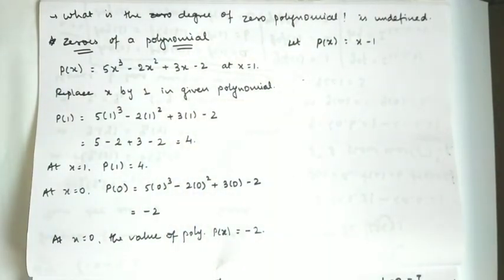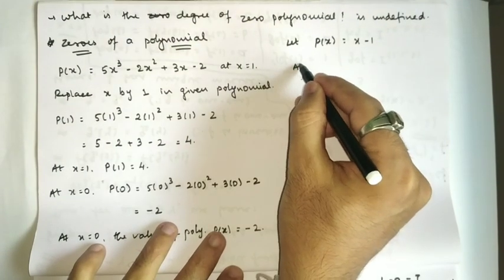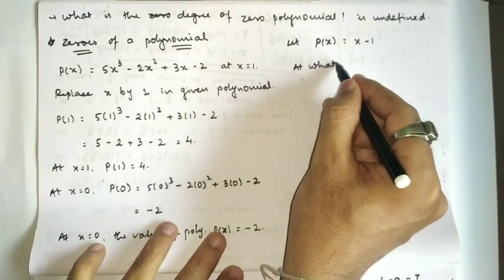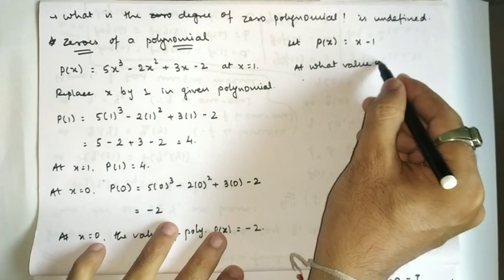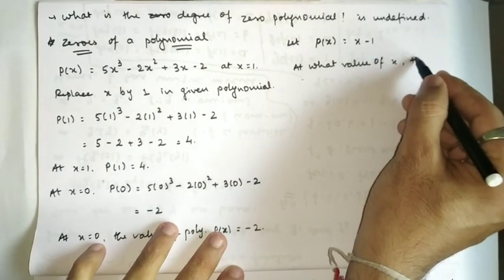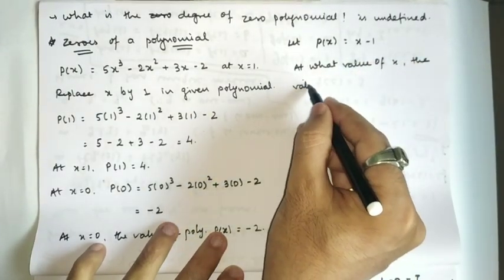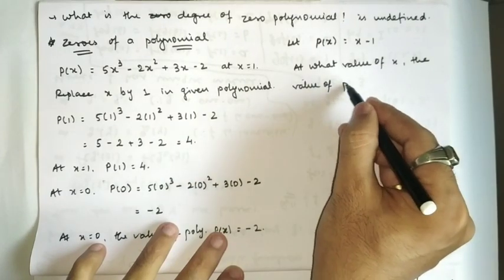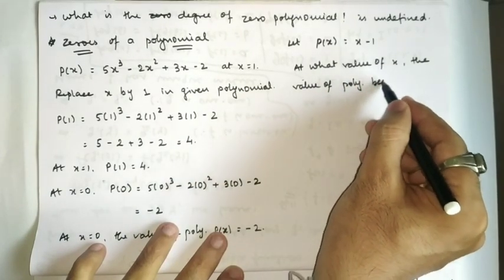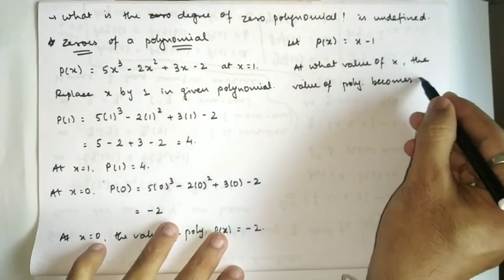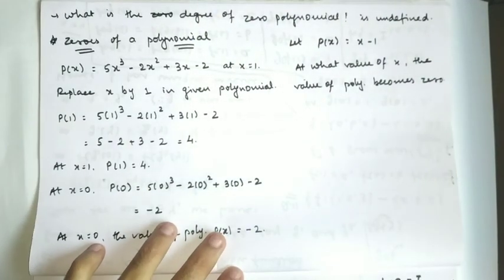What you need to think is, at what value of x the value of the polynomial becomes 0. है ना.